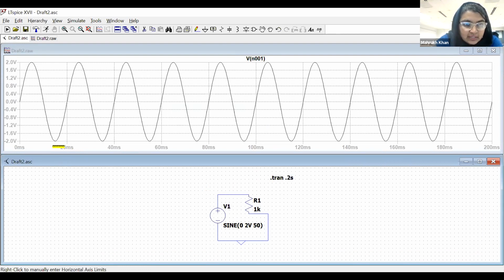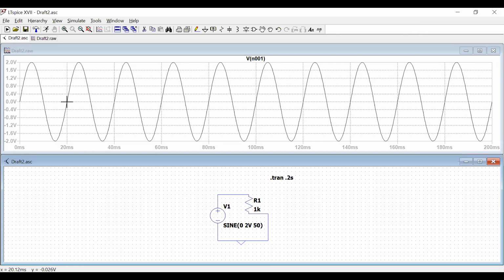So if you see in the time axis, it's 20 milliseconds, just covering one cycle. And f is equal to 1 by T. So if you put 1 by 50, it should give you 20 milliseconds. So it's completing its first cycle at 20 milliseconds.